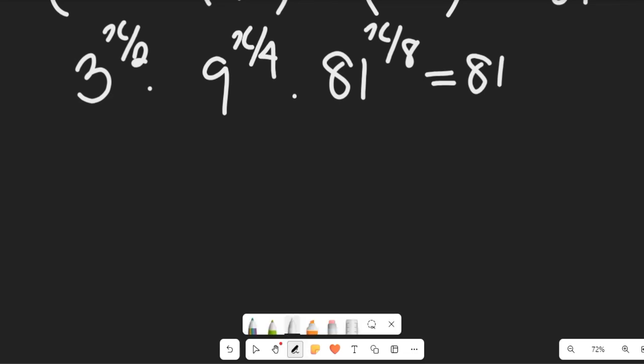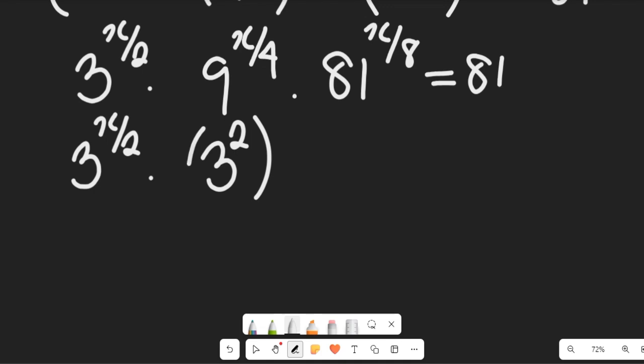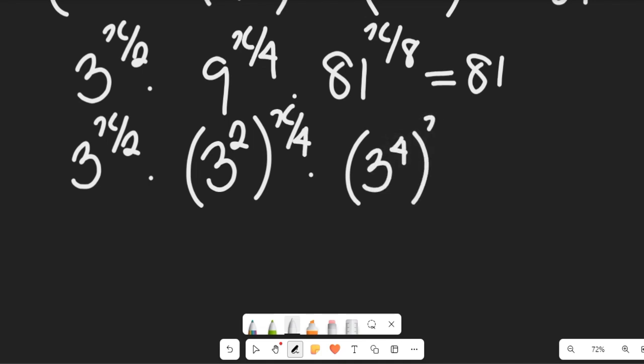We have 3 to the power of x divided by 2, multiplied by 3 to the power of 2, which is 9, all to the power of x divided by 4. And this will be multiplied by 3 to the power of 4, all to the power of x divided by 8. And this will be equal to 81.